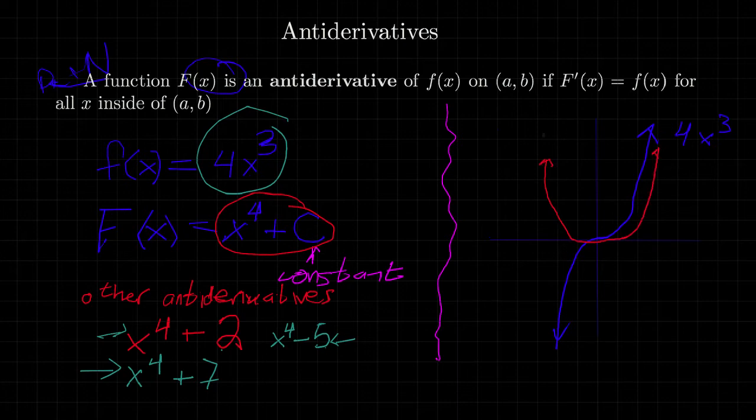But this isn't the only one, so you can have another antiderivative right below it. Now these are supposed to be copies of each other. Obviously, I need to improve my drawing skills, but you guys get the idea. So, for example, this would be x to the fourth minus 5, and so on and so forth. This one's x to the fourth. But all of these are antiderivatives.